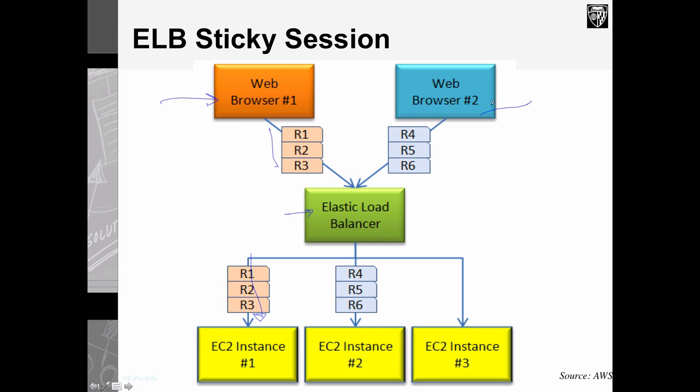If a second user comes in through browser number 2, making requests number 4, 5, and 6, he ends up in a particular instance, in this case EC2 instance number 2. This is how sticky sessions work. If you don't enable them, request 1 could go to EC2 instance number 1, and request number 2 may end up in EC2 instance number 3.